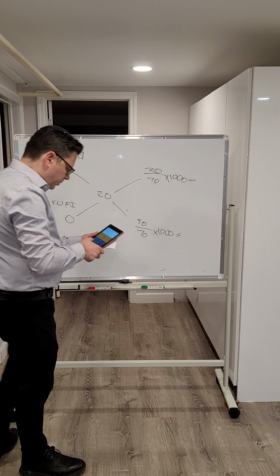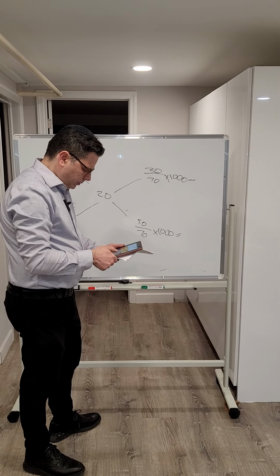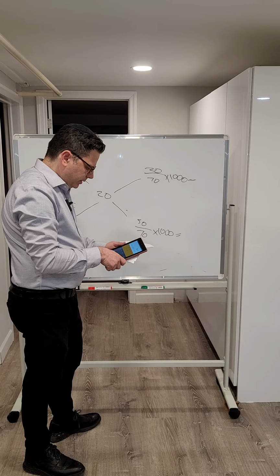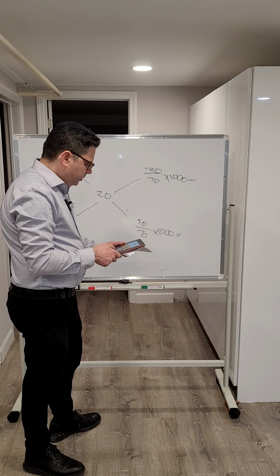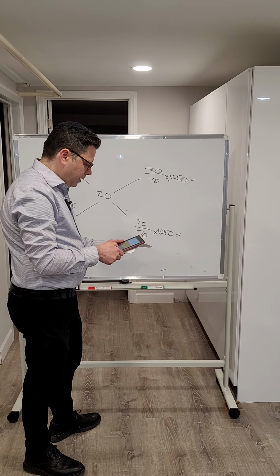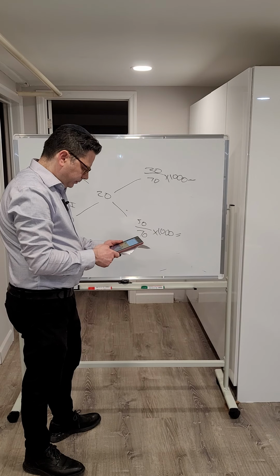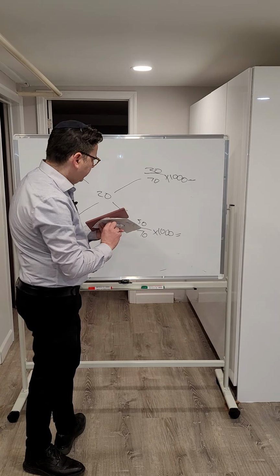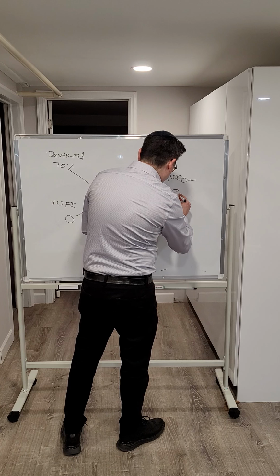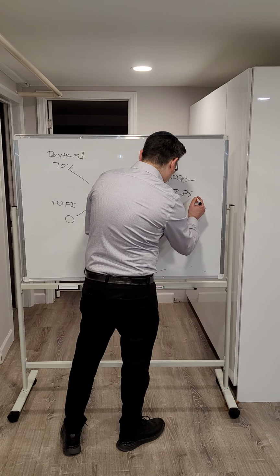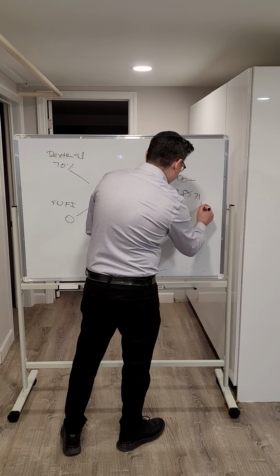So we're going to do 20 divided by 70, which is equal to 0.285. We're going to multiply it by 1,000. And that's going to give us 285.71 milliliters.